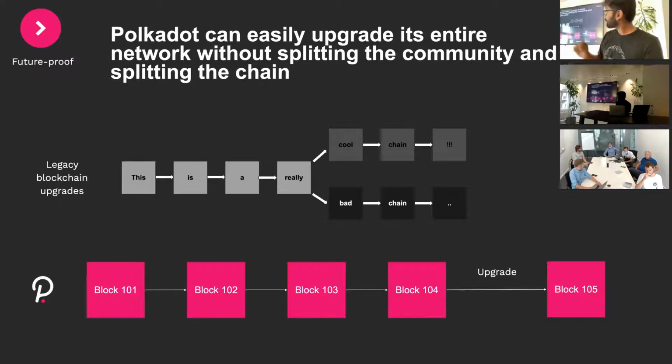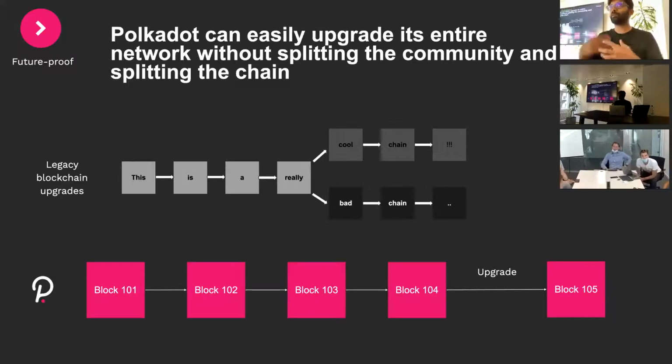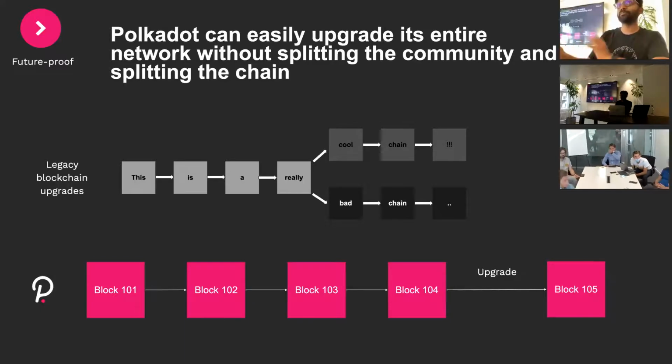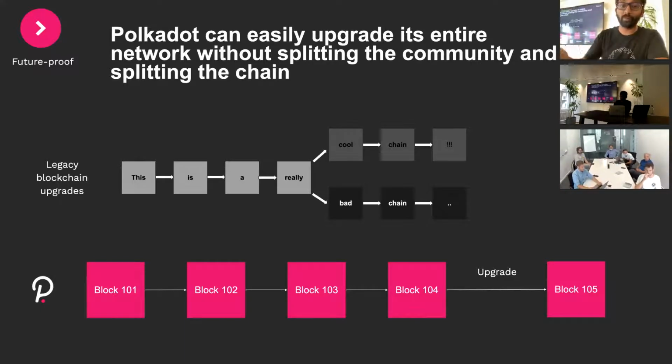That is not the case with Polkadot, where you can port the code that you want into the relay chain and upgrade it seamlessly. So this is a forkless upgrade. The mechanics of that are pretty good, and I'm available after this talk to clarify more about how we do that.